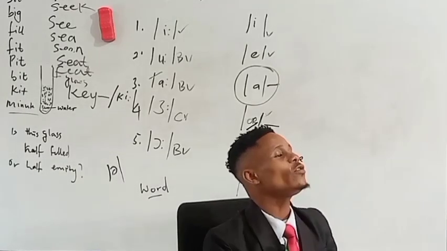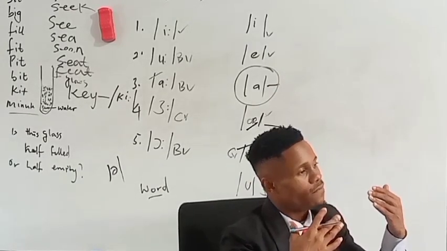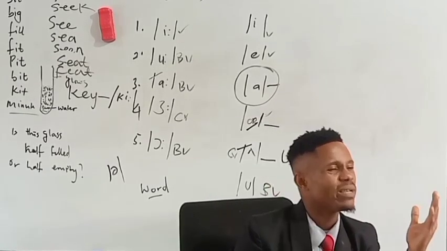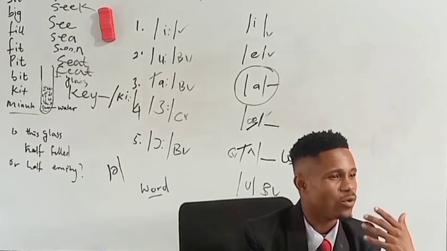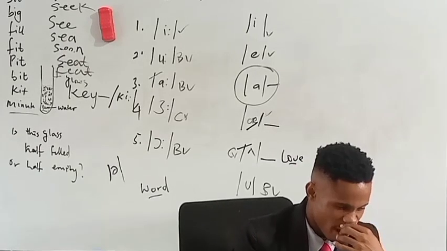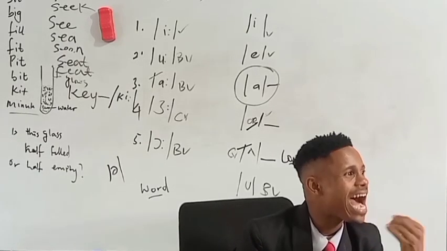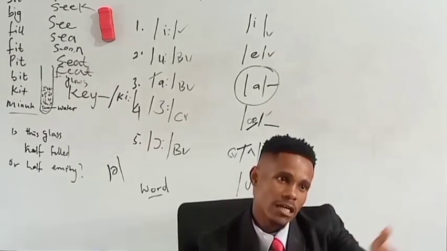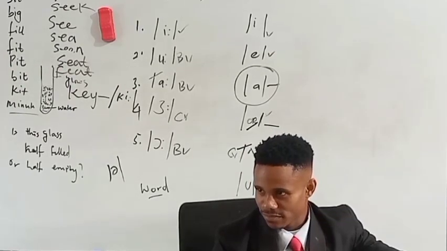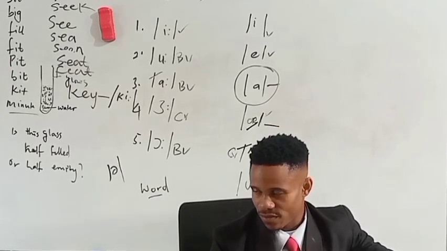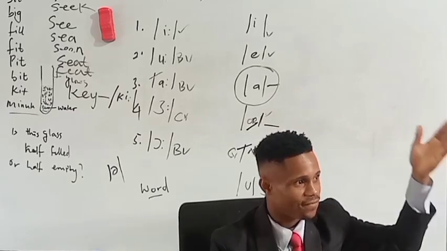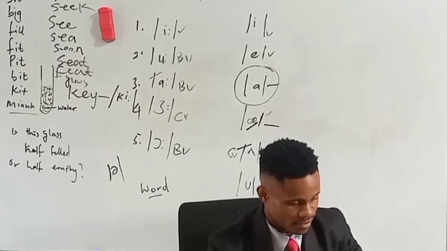And then when you say fast, the A is not coming out directly, as if you had to say half of this food. Half, half.